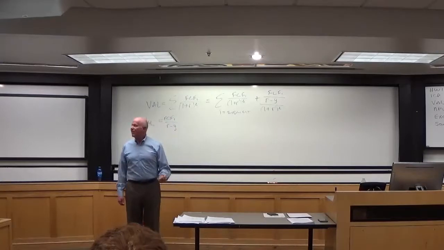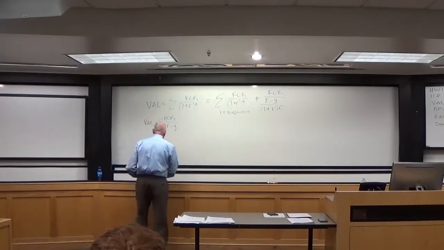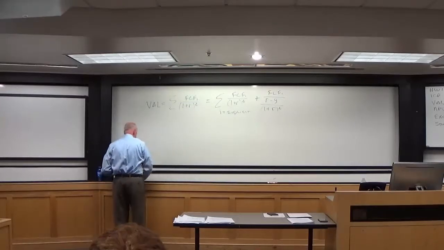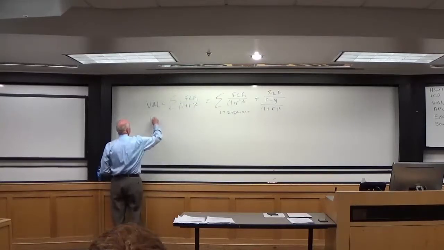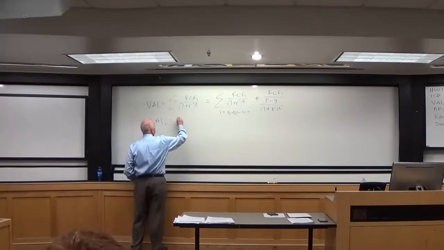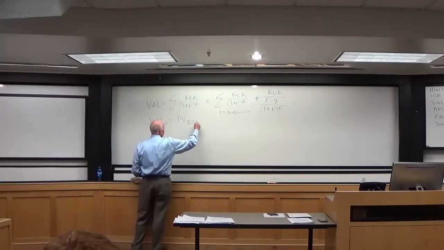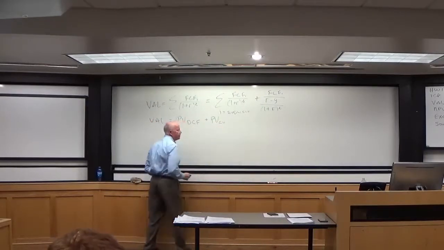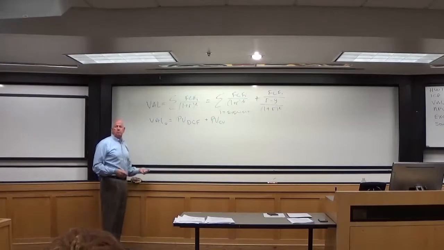Let me show it to you slightly differently. So the value of an asset is equal to the present value of the discounted cash flow plus the present value of the continuing value. Okay?